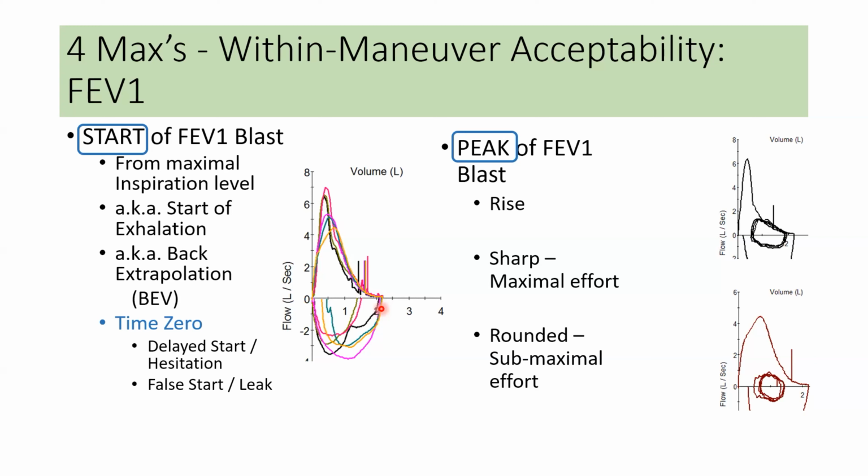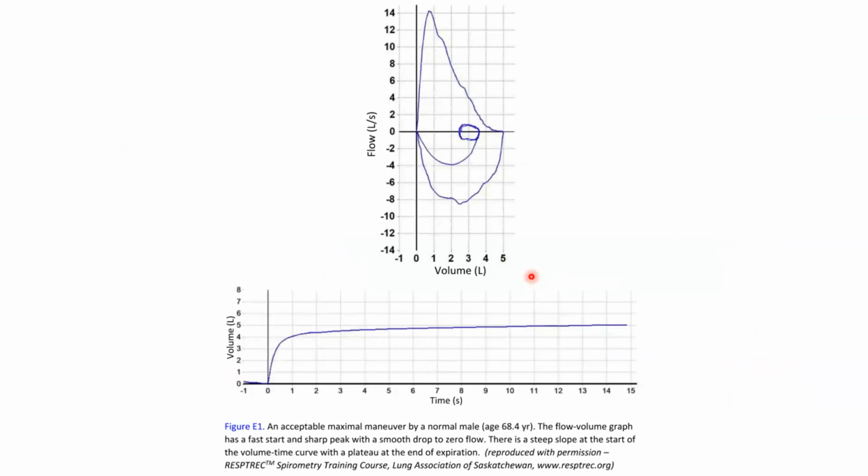Okay, so you want to look at both the start of the FEV1 blast. We're going to be talking about the time 0 calculation, the back extrapolation, and delays and leaks. Okay. Then you also want to talk about the peak of the blast, talking about both the rise, the sharp point, or the rounded submaximal. Okay.